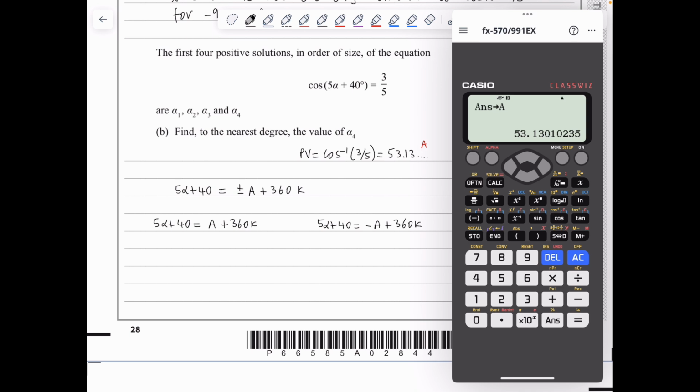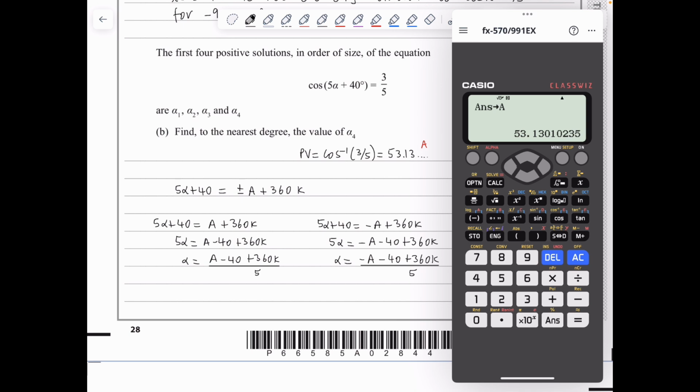I'm solving for alpha, so 5 alpha is A minus 40 plus 360K, leading to alpha is A minus 40 plus 360K, and all of it divided by 5, and also 5 alpha is negative A minus 40 plus 360K, so alpha is negative A minus 40 plus 360K over 5.